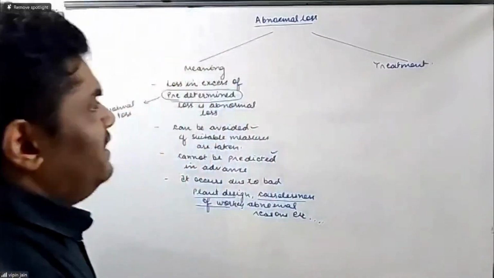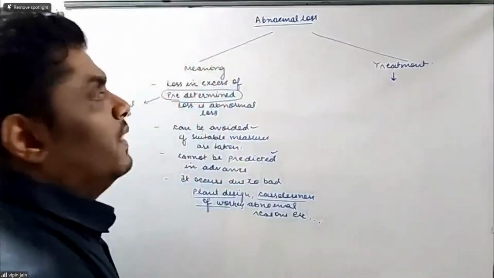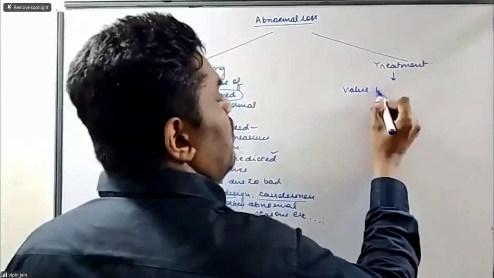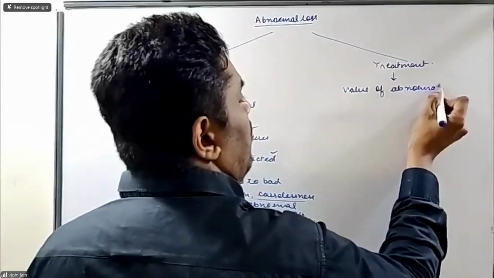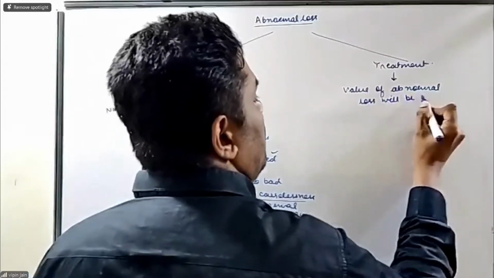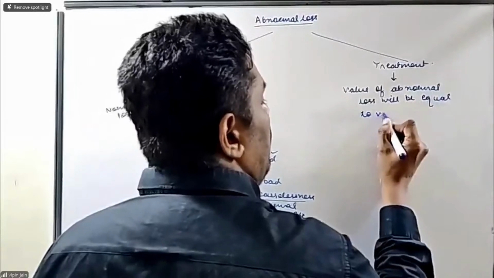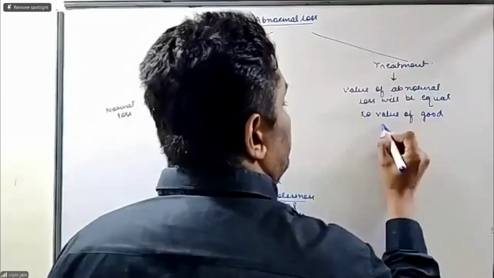When talking about the treatment of abnormal loss, the value of abnormal loss will be equal to value of good units.